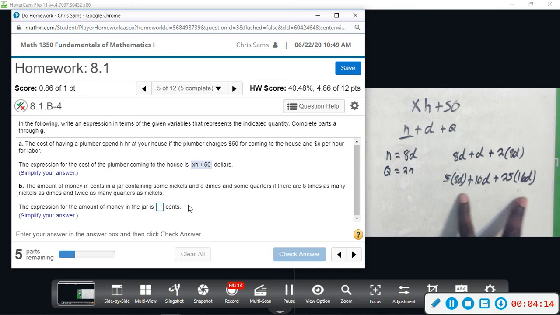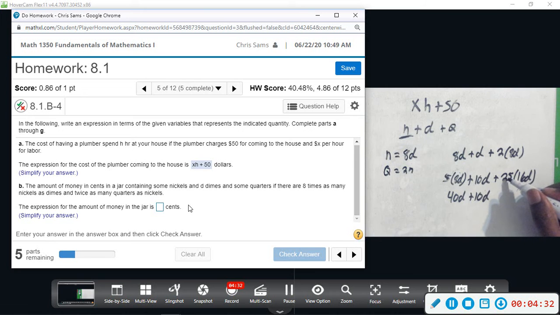Okay, so this is going to give us the amount of money in terms of dimes. 5 times 8 will give us 40d plus 10d, and 25 times 16, so there's 4 groups of 4 here, and every 4 quarters is $1, so $4, so we'll say 400 here, 400d.